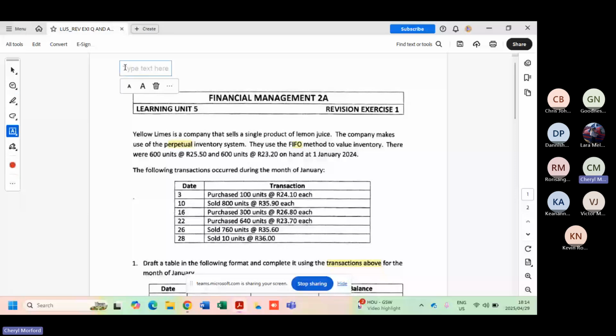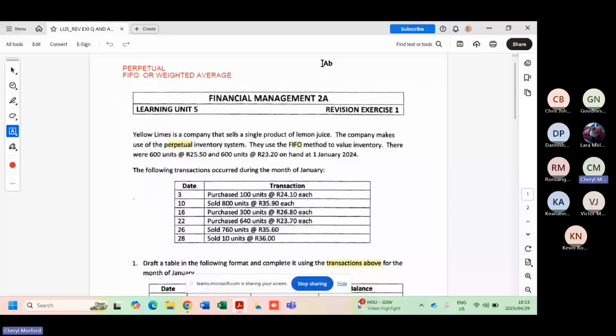So when we are dealing with the perpetual system, we can do either the FIFO method or the weighted average. So there are 2 possibilities within the perpetual system.